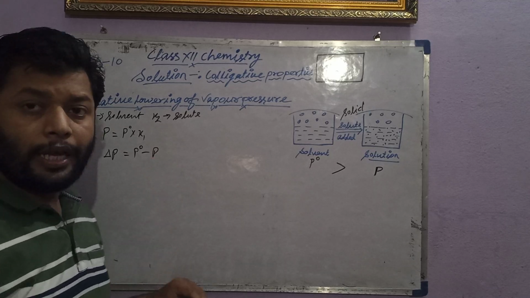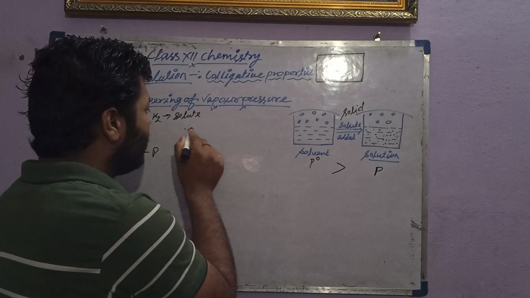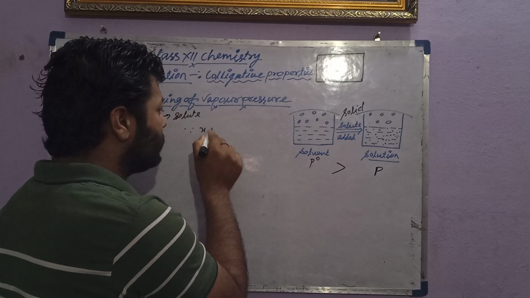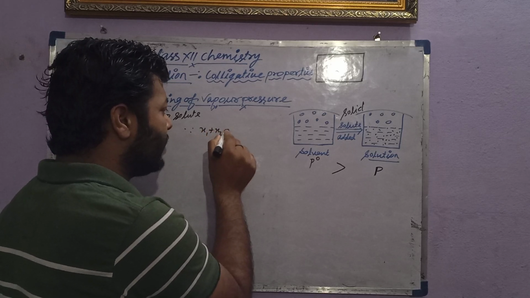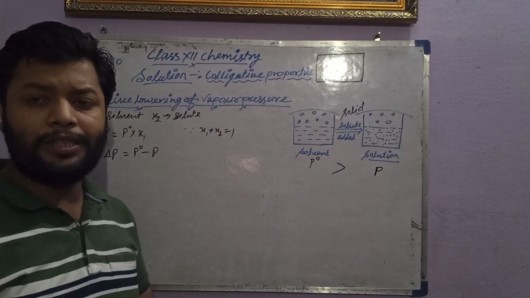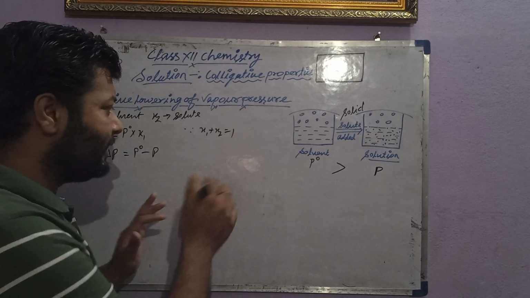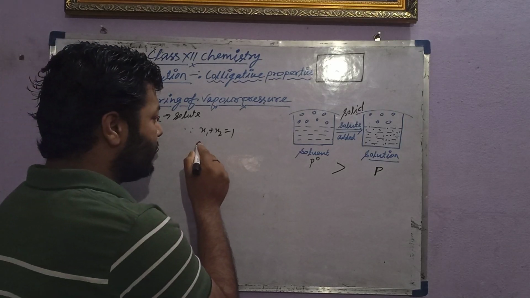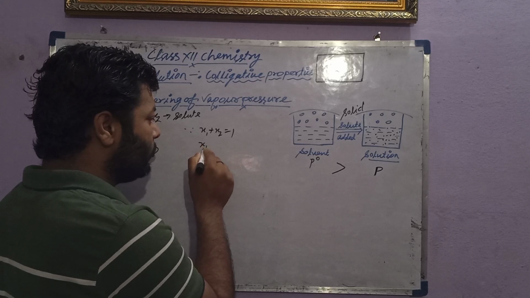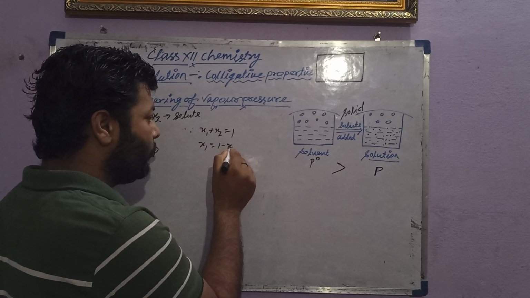At the same time, you know that x1 and x2, the sum of the mole fractions of any given solution, is always unity. So x1 plus x2 equals 1. You can also write x1 equals 1 minus x2.